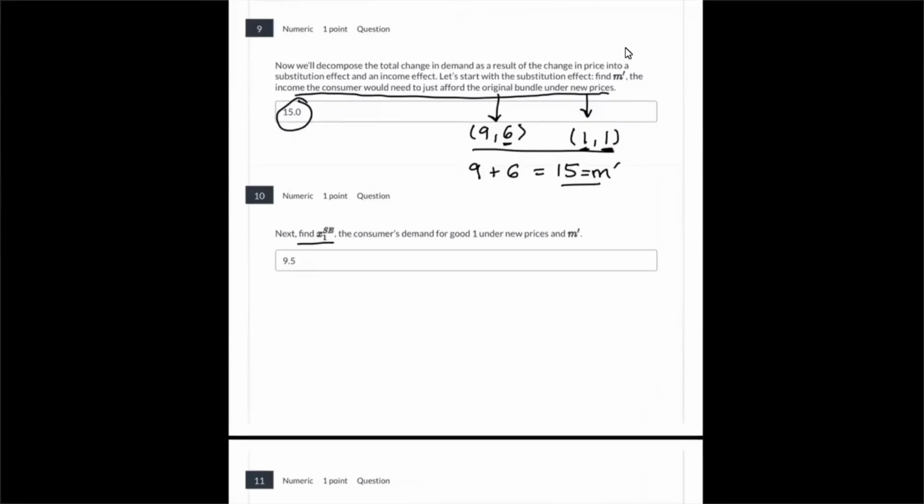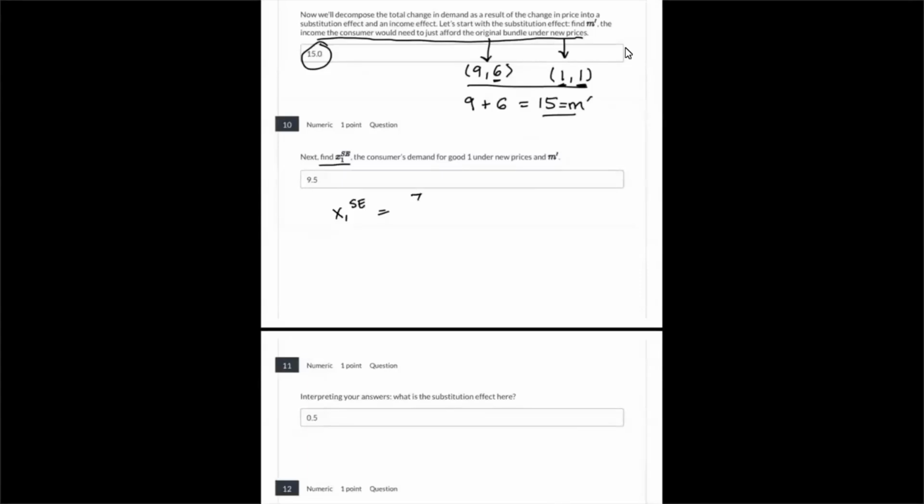Now we find X1 SE. X1 SE is the substitution effect demand. The change in demand just because of the change in relative prices, not the change in purchasing power. We just look at the demand function, 7 plus M over 6P1. And this is going to be our M prime, 15.